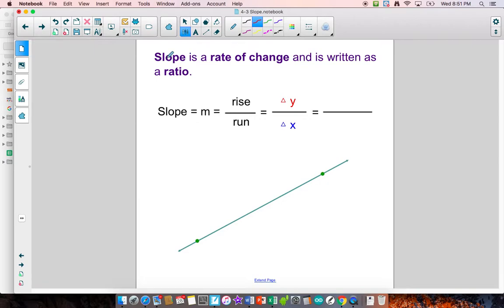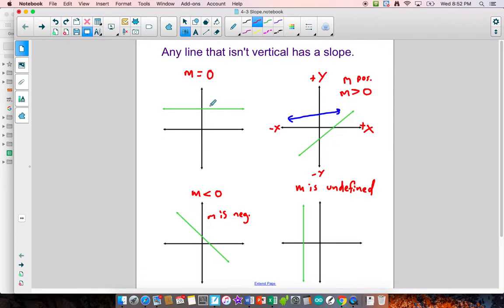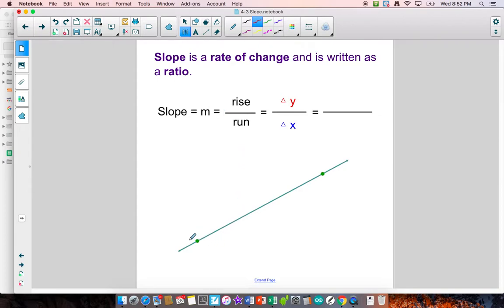Okay, so how do we quantify slope? If every slope has a number, that means as I tilt, if we're thinking about our house, this slope has a numerical representation based on its relation to a horizontal and vertical axis. So right here, how sloped is this line? Well, basically, slope is defined as a rate of change, and it's written as a ratio.